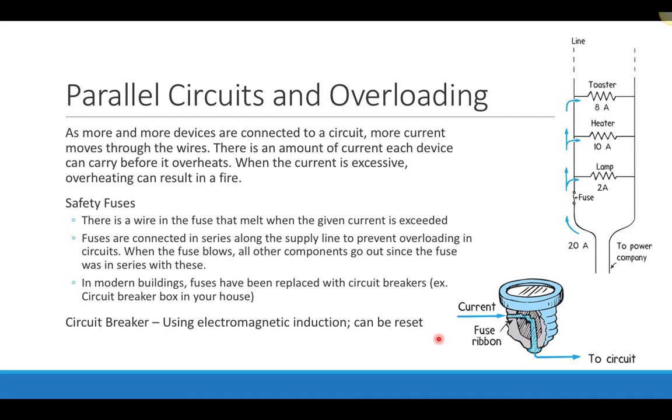I didn't really say what a fuse was, but as more devices are connected to a circuit in parallel, more current is drawn. Remember, our house is connected in parallel. Not everything is connected to the same circuit breaker, but a number of outlets or lights are connected to a particular one. Suppose one circuit breaker connects a number of outlets, and we connect a lamp that draws 2 amps.